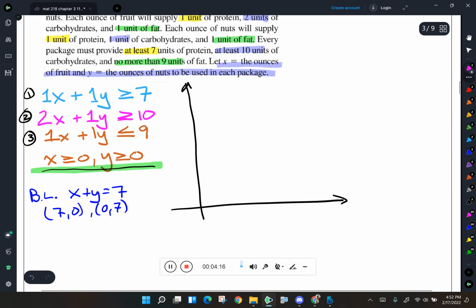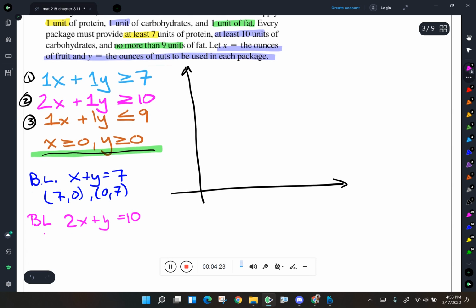The boundary line for inequality 2 is 2x plus y equals 10. It is going to have an x-intercept of 5 and a y-intercept of 10.